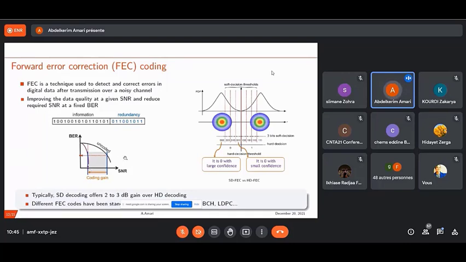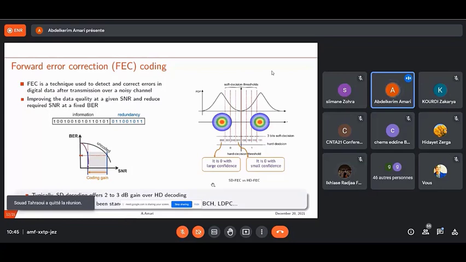This coding gain varies, of course, for different codes, and also with the way of the decision at the receiver side. We have two types of decision: soft decision and hard decision.